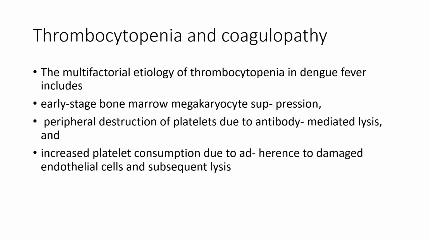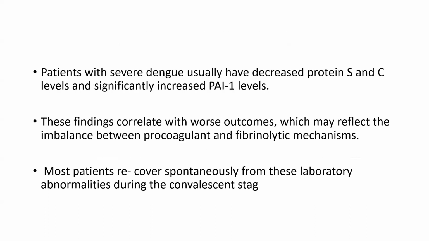Regarding thrombocytopenia and coagulopathy, the multifactorial etiology of thrombocytopenia in dengue fever includes early-stage bone marrow megakaryocyte suppression, peripheral destruction of platelets due to antibody-mediated lysis, and increased platelet consumption due to adherence to damaged endothelial cells and subsequent lysis.